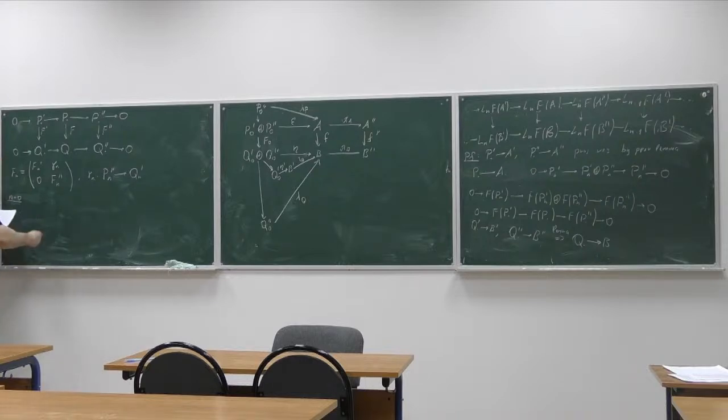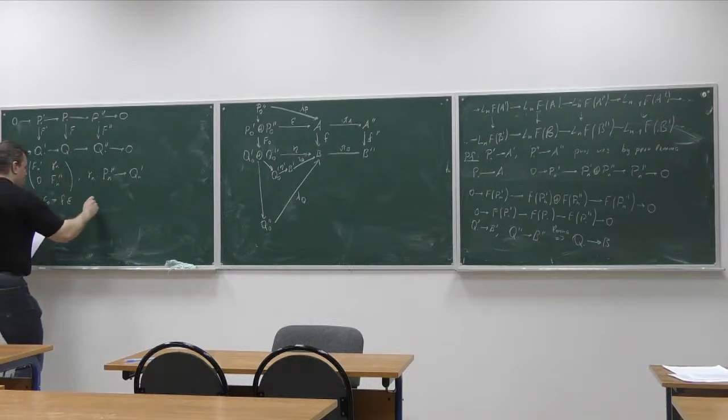Well, first of all, of course, I have the following, that the eta composition with the F0 is the same as an F composition with epsilon. That's the commutativity of the central square. And if I rewrite this with the map that I introduced, I can say this thing.